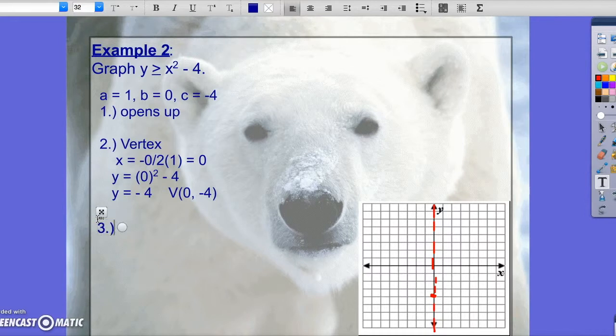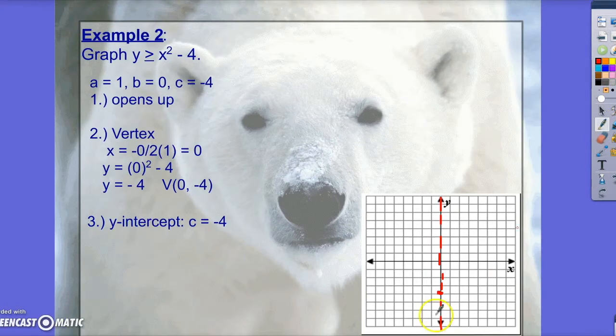Next step, find your y-intercept. It's -4. Remember, y-intercept means up or down. I go up or down, -4 is down 4, and lo and behold, what do you notice again? We're going to need to make a table again, because once again, -4 for the y-intercept and vertex are exactly the same.